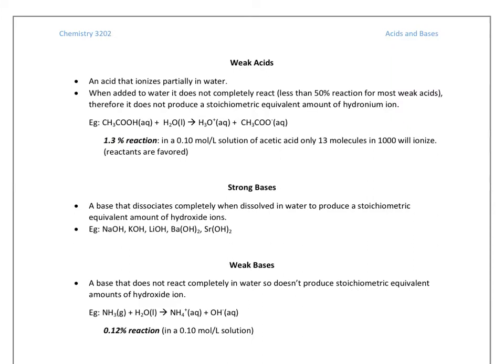Weak acids, on the other hand, are any acids that ionize partially in water. That would be any acid other than the 6 strong acids. A weak acid, when added to water, does not completely react, usually less than 50% for most weak acids, and therefore it does not produce the stoichiometric equivalent amount of the hydronium ion, meaning we cannot use simple stoichiometry to predict the amount of product that will be produced, as we do not know how much is actually converted to product.